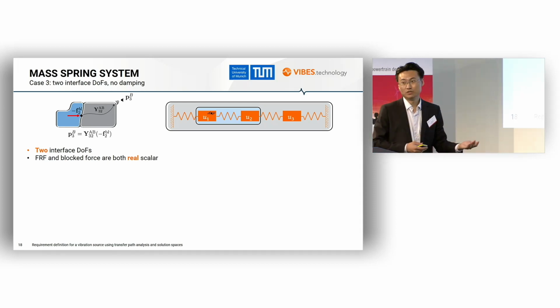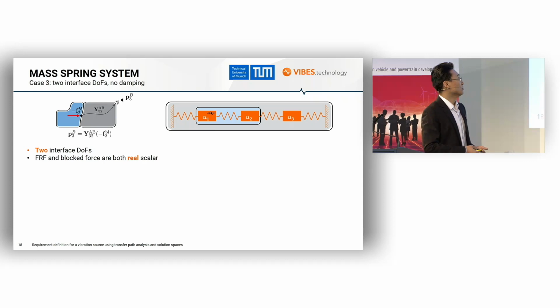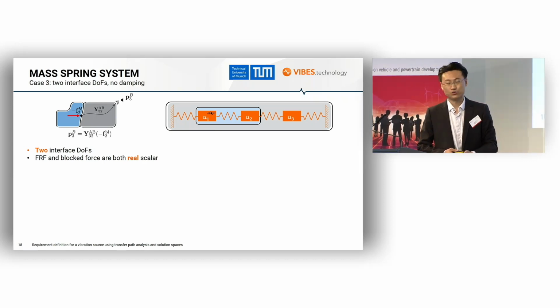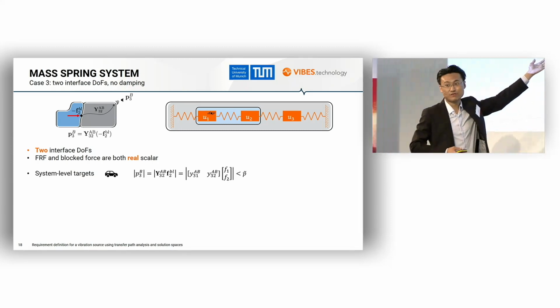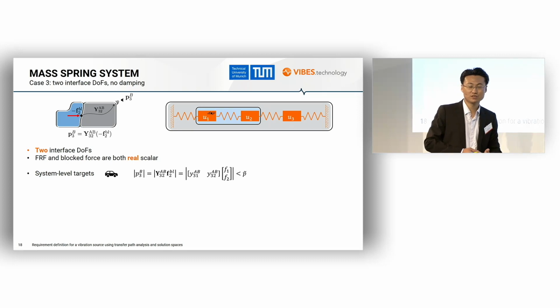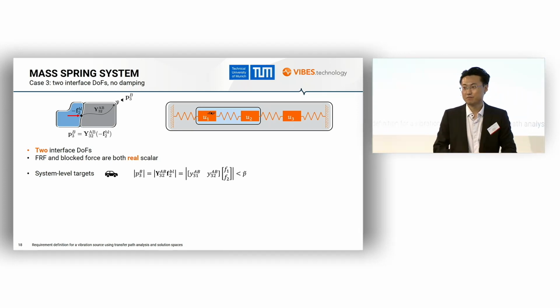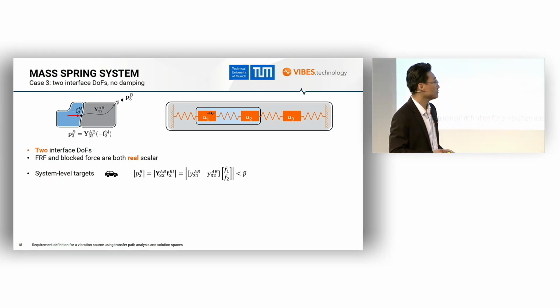And to keep it simple, at first we ignore damping. So both the transfer function and the block force are real scalars. Again, the sound pressure at the receiver can be computed as transfer function Y31, Y32 multiplied by the block force F1 and F2.